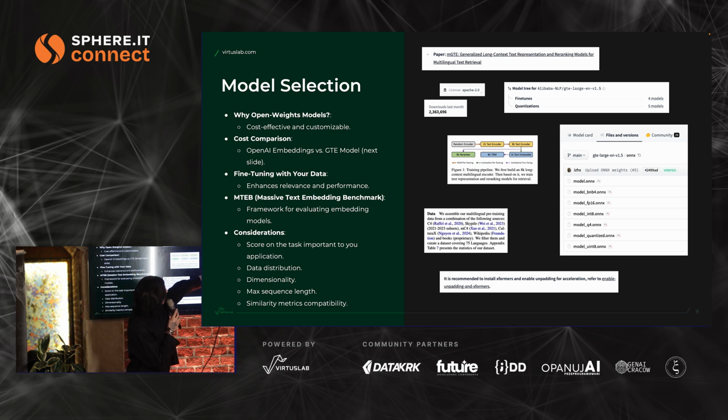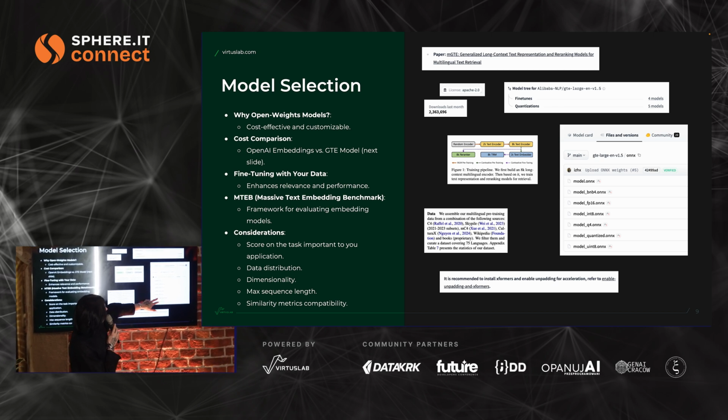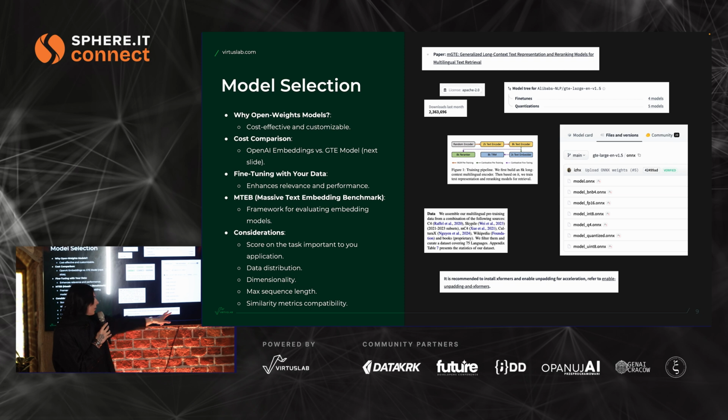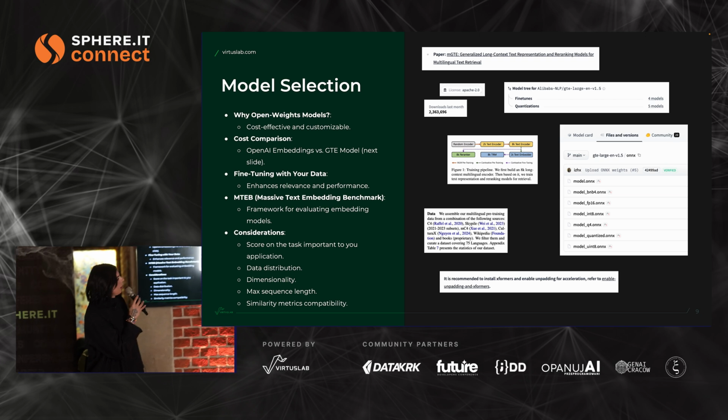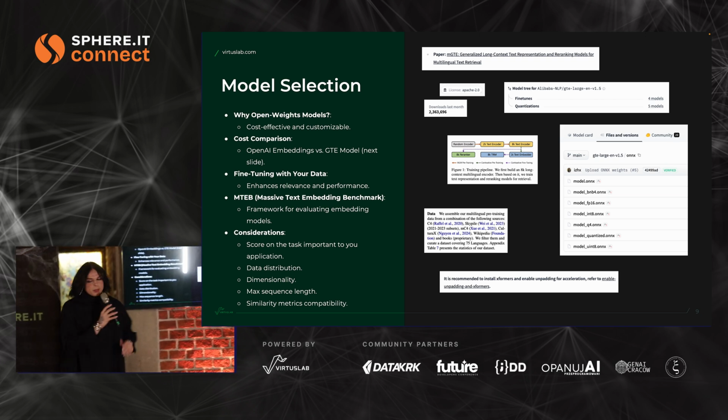And here we can see that if we go to the Files and Versions tab, we have fine-tunes of a model. And also there are tips to improve performance as well. So it's worth looking at the model cards.